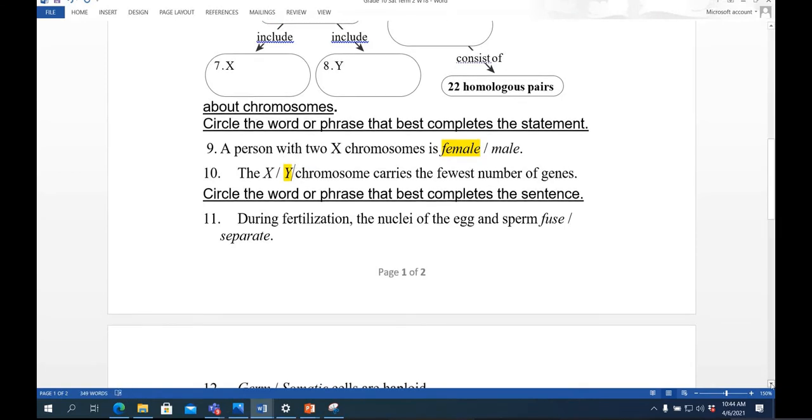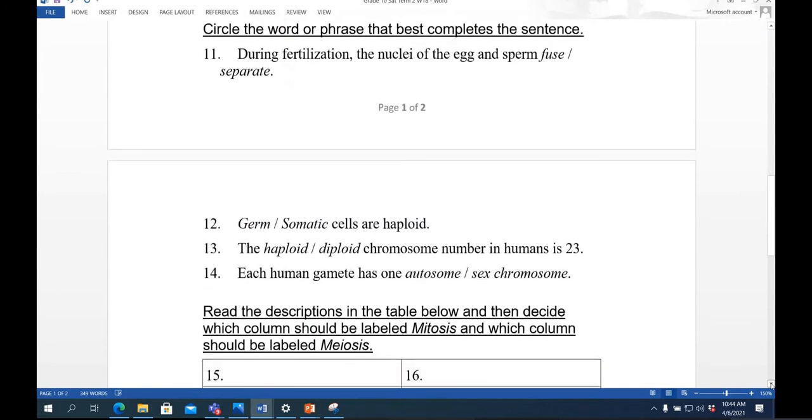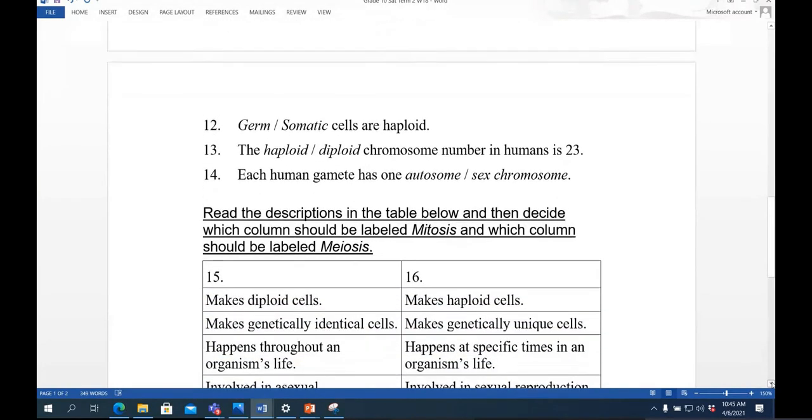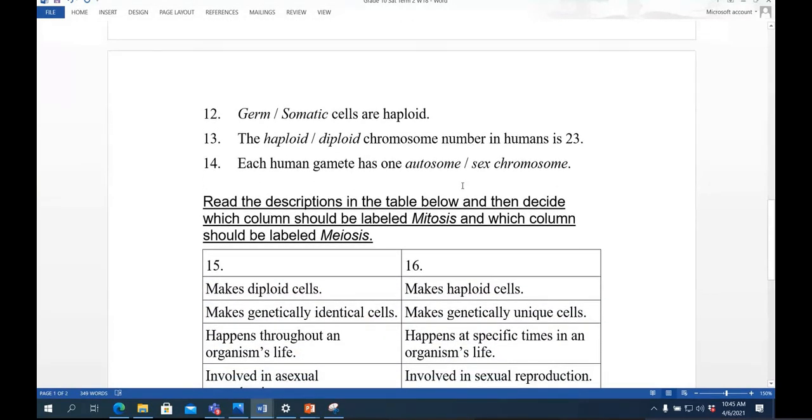Lana, could you please answer number 11? During fertilization, the nuclei of the egg and sperm fuse. Yes, they fuse together. Perfect. Yeah, Leen, go ahead with 12. Germ cells are haploid. Germ cells are haploid.